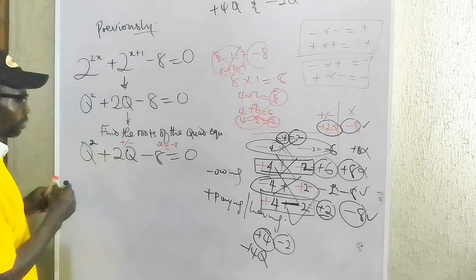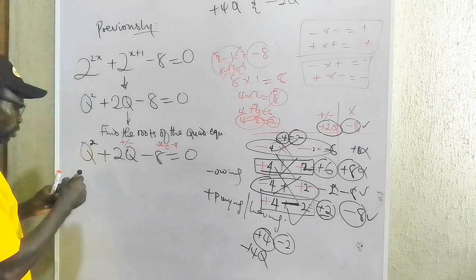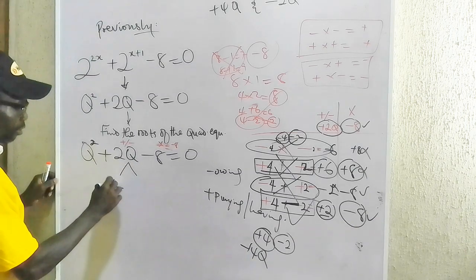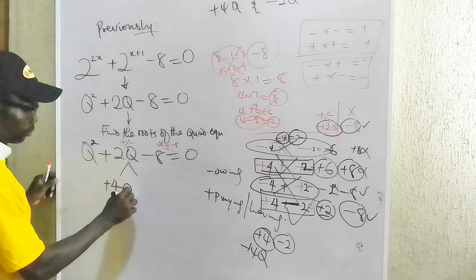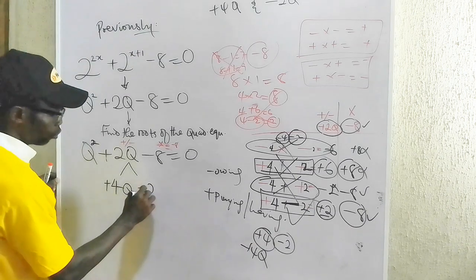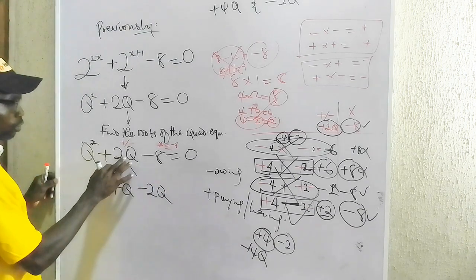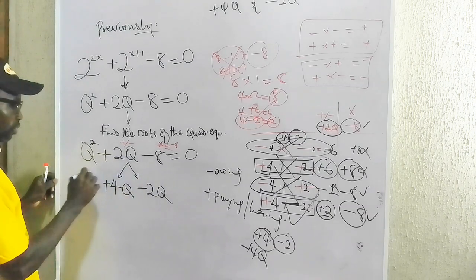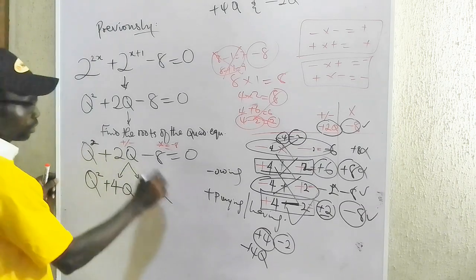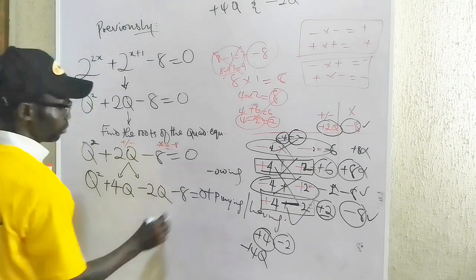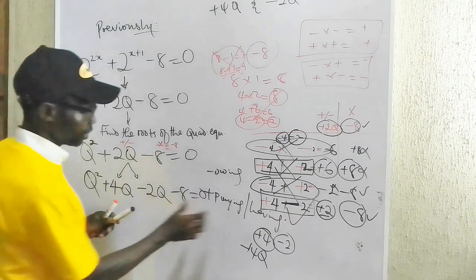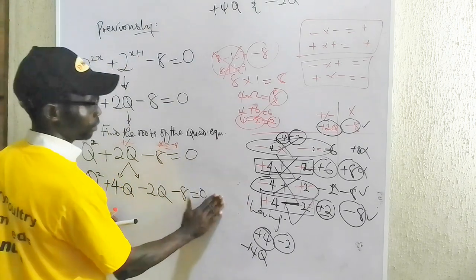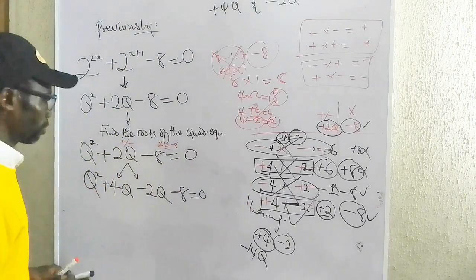Okay, so in order to substitute, this will be represented by plus 4q and minus 2q. So we're not going to have this place again. So this plus is this, and then q is to the power 2, and then this 8 will remain 0. So this is what we're going to have.